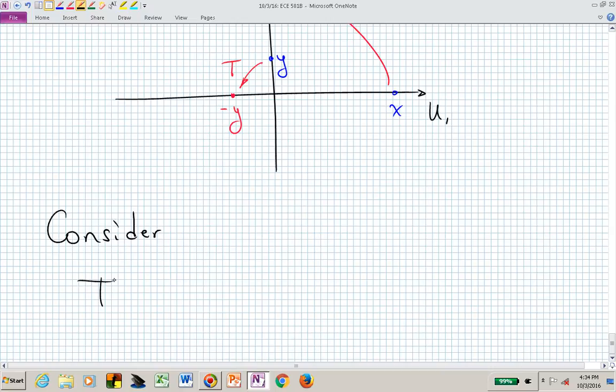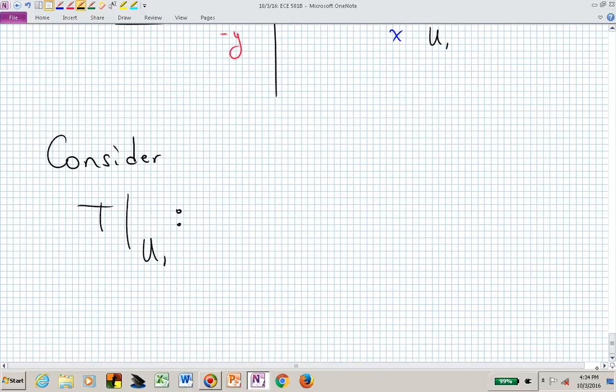Suppose we consider T restricted to U sub 1, which is the x-axis. Meaning, let's just have a non-zero x-coordinate to begin with, and zeros in y and z. And where does that take us in terms of this particular linear map?